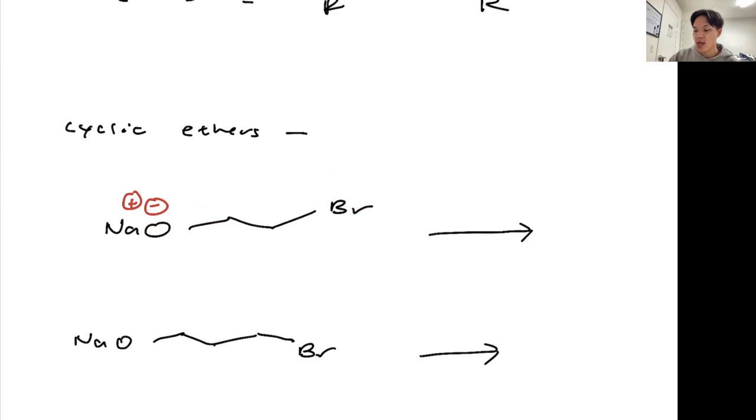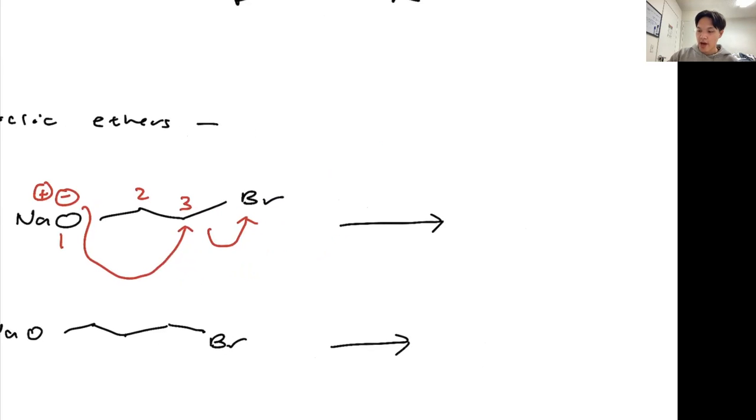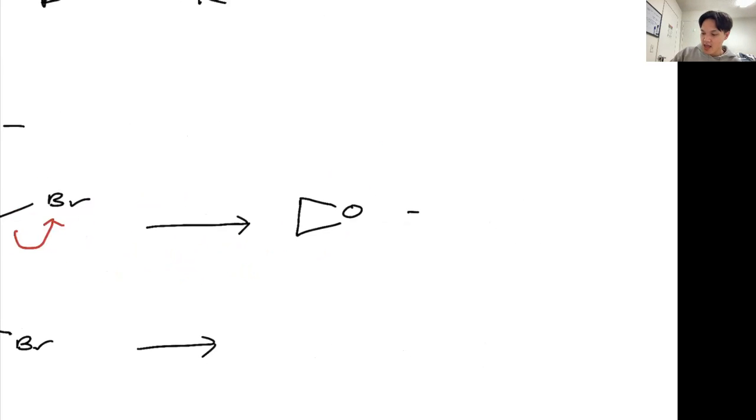So what this is going to do is it's going to attack the carbon that has a leaving group and go there, and it's going to form a 1, 2, 3, three-membered ring, right? Like that. And then this is now NaBr, right?